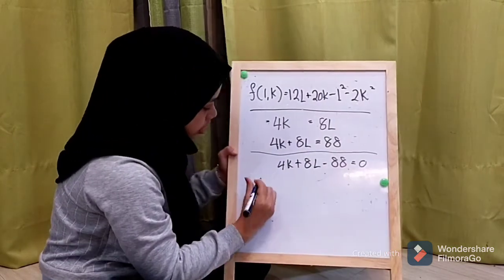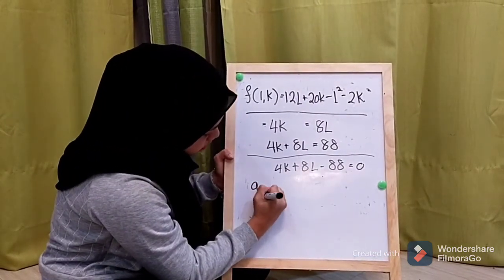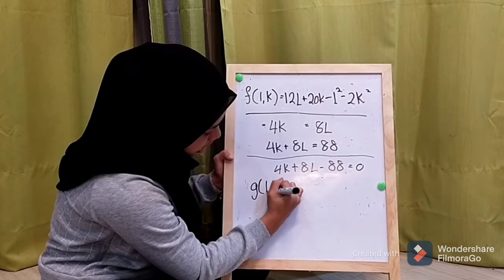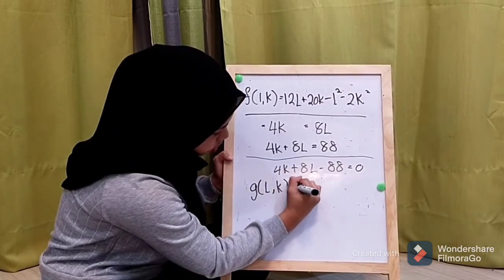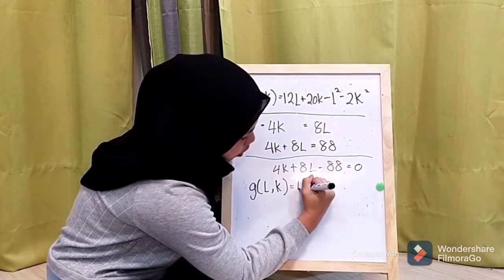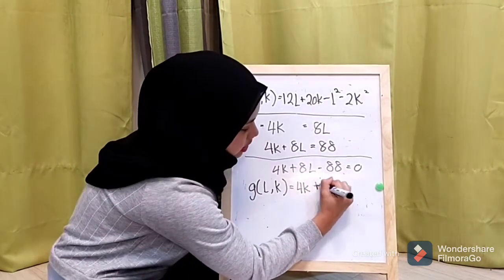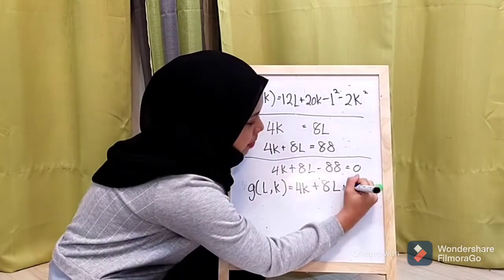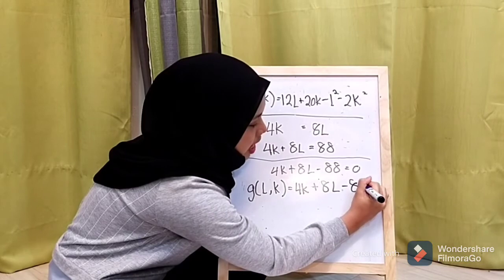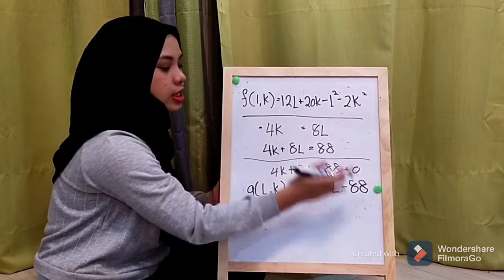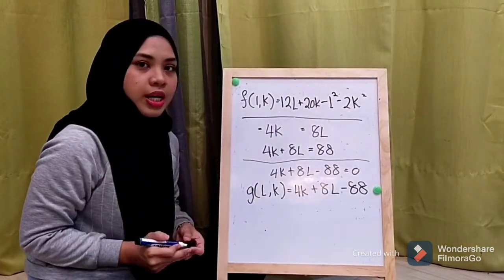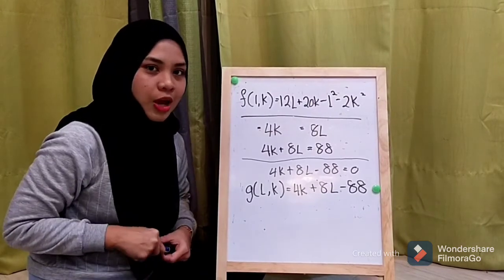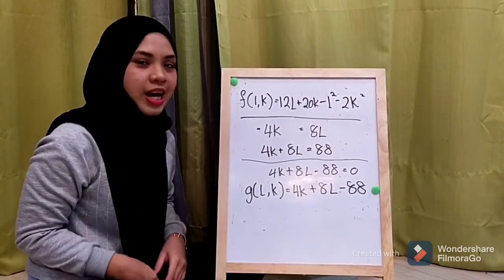So the constraint will be G(L,K) equals 4K plus 8L minus 88. This is the information that we already got in the question, so that we can solve with the next step.